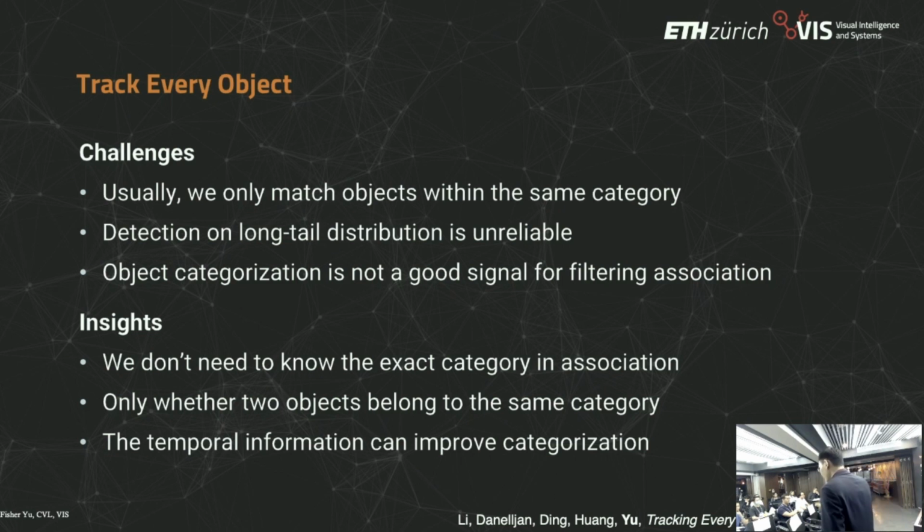And later, after we track the object across multiple frames, when we look back, we have a better chance to tell the category of the object clearly. For example, if you want to tell the breed of a dog, say whether it is an Eskimo or a Husky, then if you look at the back, it's very hard to tell. You have to see the face.